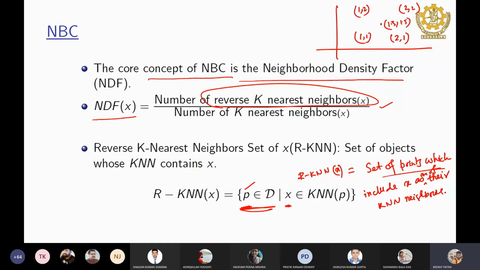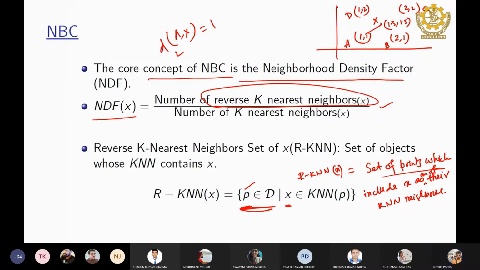Let's say we are considering the L1 distance. Label them A, B, C, D, and this is X. Then what will be the L1 distance between A and X?